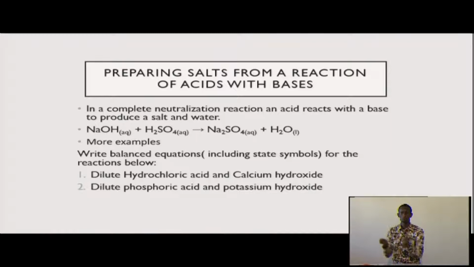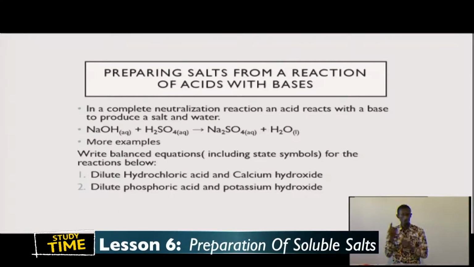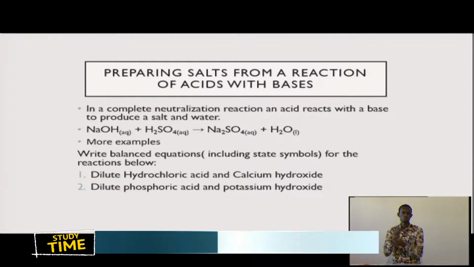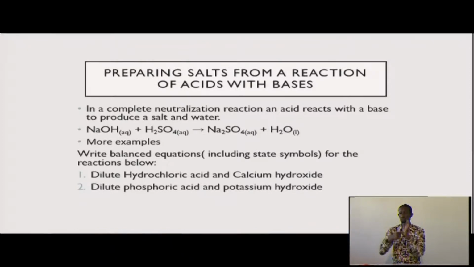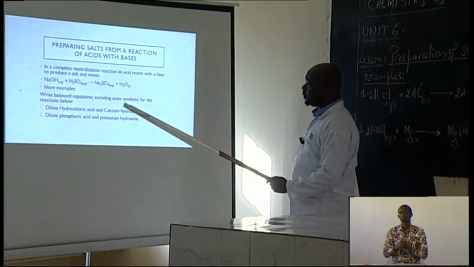One is precipitation, the other one is neutralization. So when an acid reacts with a base, we always produce a salt and water. The example we have: sodium hydroxide plus sulfuric acid producing sodium sulfate and water.